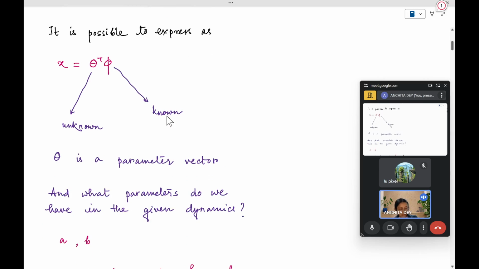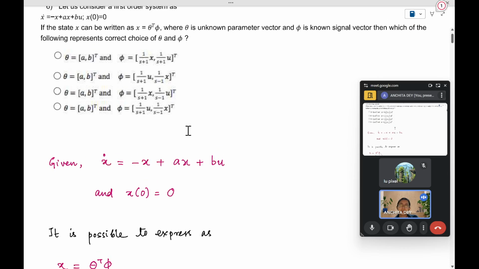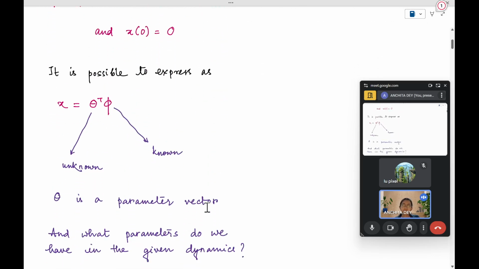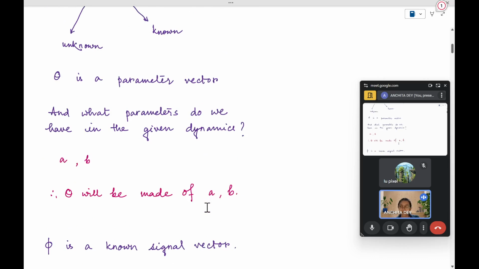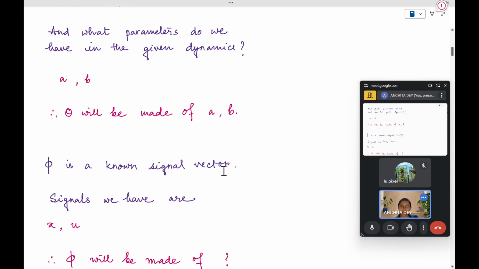And then the question is, what parameters do we have in the given dynamics? If we look into the system dynamics, the parameters are here a and b. That means if theta is an unknown parameter vector, it would have to do something with a and b, and it would look like a vector comprised of the parameters a and b. So theta will be made of a and b, and then phi is a known signal vector, right?